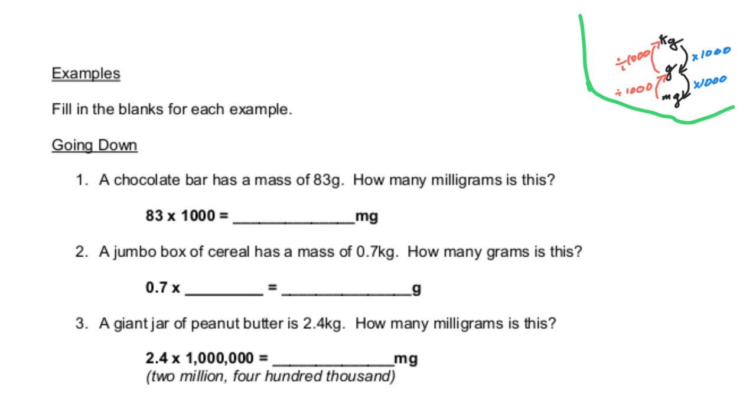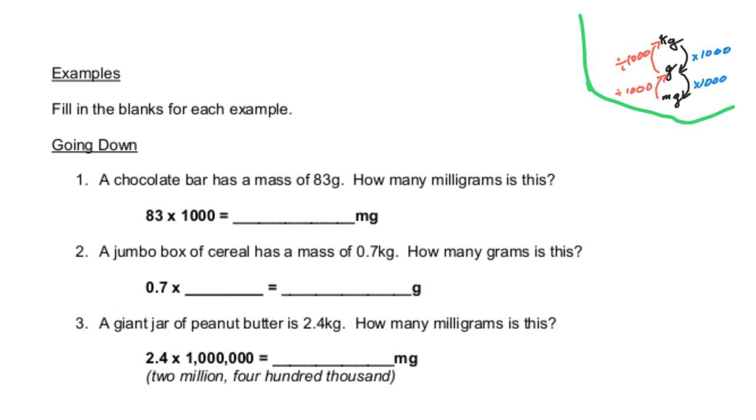Here's our problem that we're going to work on right now. There's two sets. One where we're converting from something that is bigger to something that is smaller, going down. So imagine you have a chocolate bar that has a mass of 83 grams.